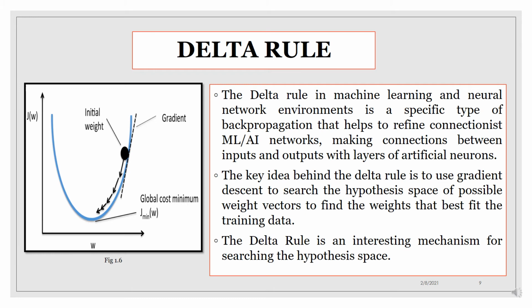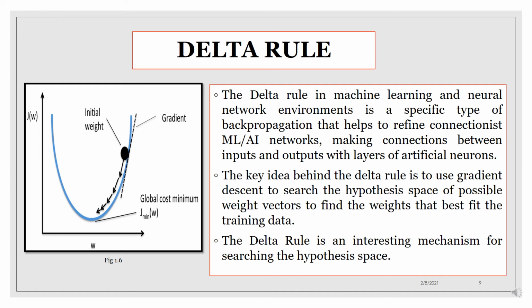As I have told, the key behind the delta rule is to use gradient descent to search the hypothesis space of possible weight vectors. This is quite easy to understand: the delta rule uses gradient descent to find the errors, right?